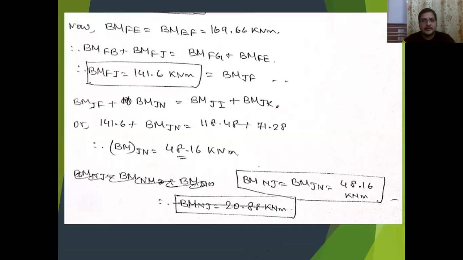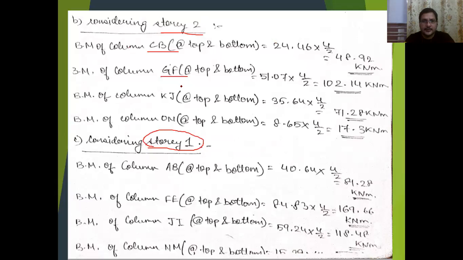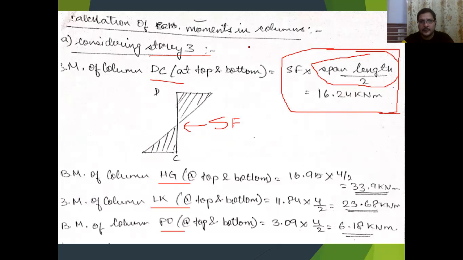After calculating the bending moments, we will calculate the shear forces. Obviously, if you have calculated the bending moment here, the shear force will be bending moment into 2 divided by span length. Just reverse the equation. If you know the shear force, the bending moment will be shear force into span length divided by 2.